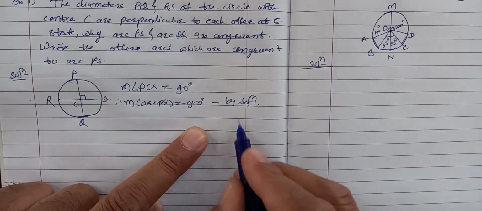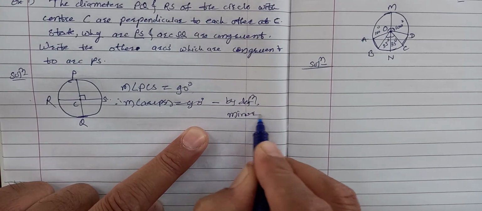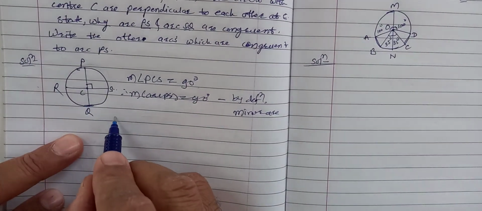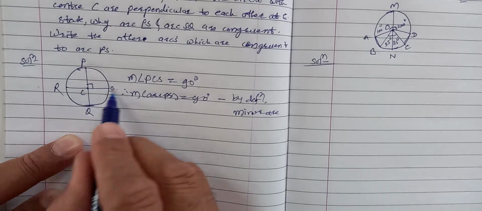This is by the definition of minor arc; you can write this reason. Similarly, consider angle QCS.